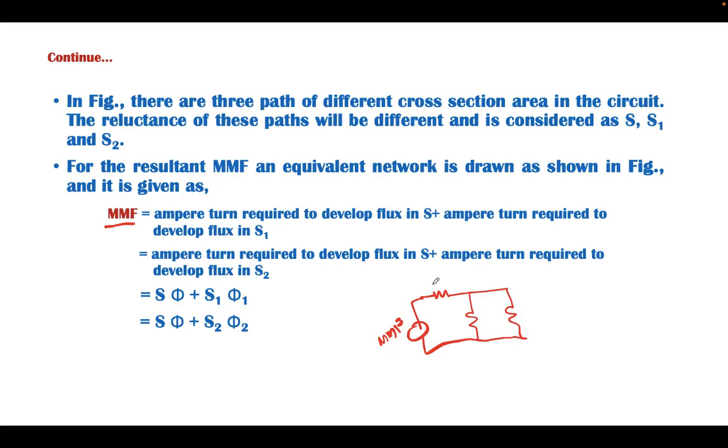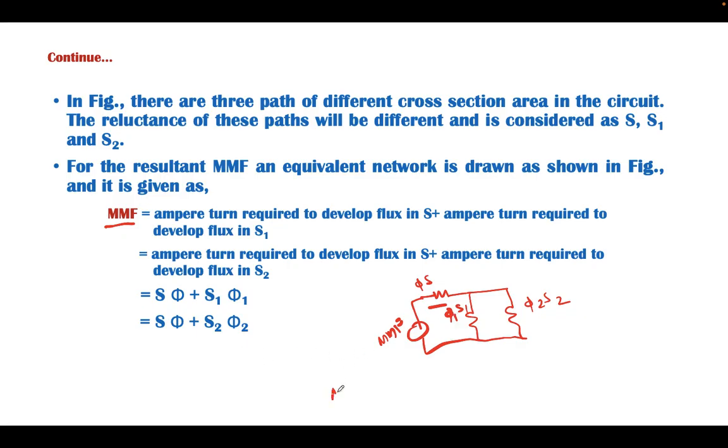The MMF in this path is phi into S. The MMF in this path is phi 1 S1. The MMF of this path is phi 2 S2. By KVL, the total MMF across this reluctance is phi S, and the total MMF developed across this reluctance is phi 1 S1.